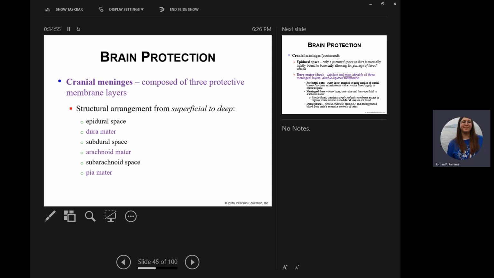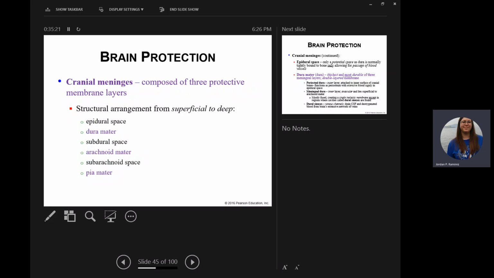All right, so the cranial meninges are composed of three protective membrane layers: the dura mater, the arachnoid mater, and the pia mater. In between those, you have other things, but really that's the important thing. These are arranged from superficial to deep: epidural space, the dura mater, which is our meningeal layer, the subdural space, the arachnoid mater, which is our meninge, the subarachnoid space, and the pia mater.